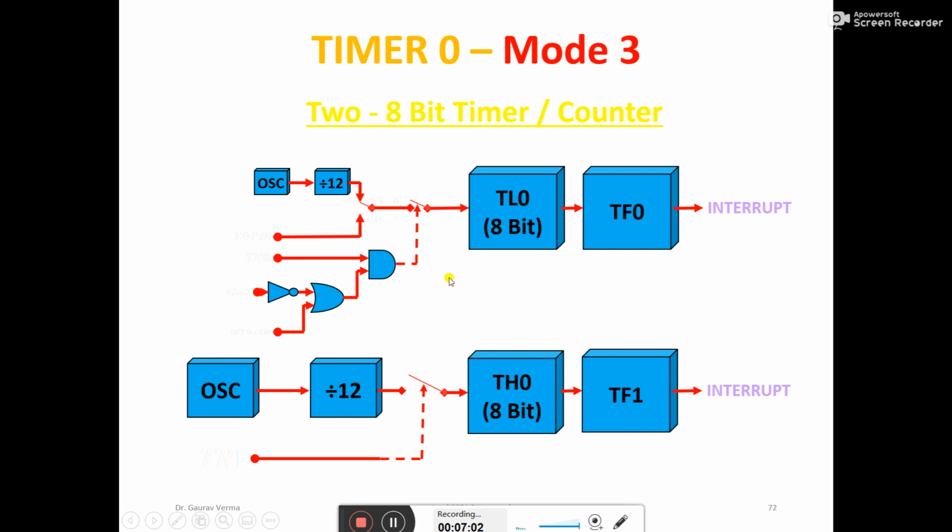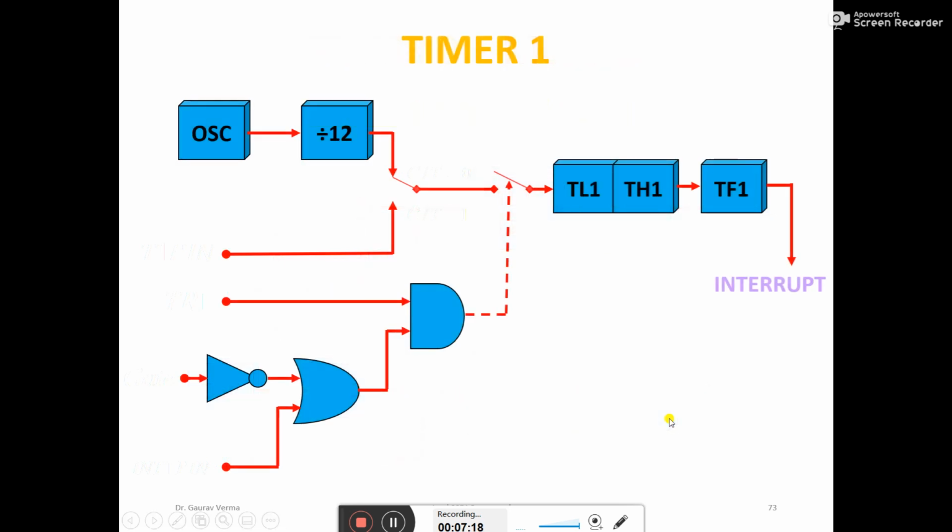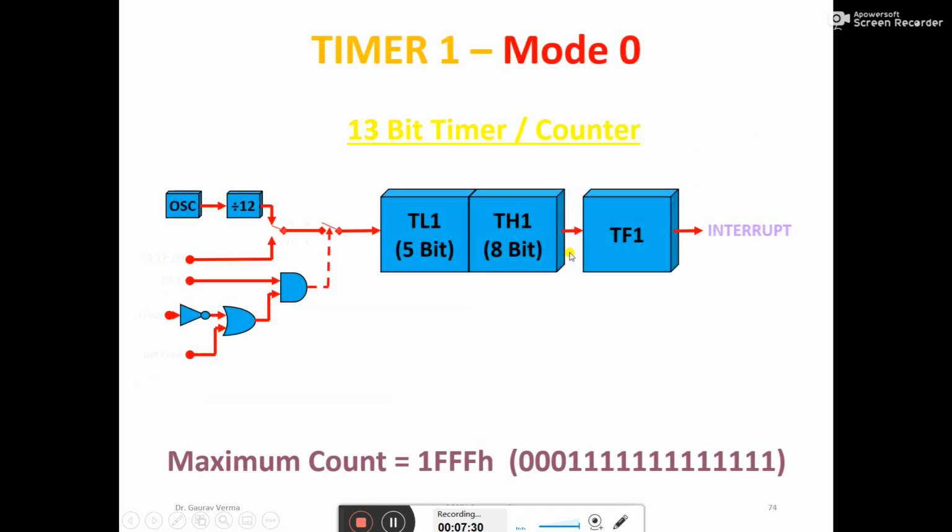In mode 3 we have 8-bit timer counters, so these are split timers, and in this we can use TL0 and TH0 separately. TL0 provides the TF0 interrupt and TH0 provides the TF1 interrupt. When timer 1 is needed, for TH1 and TL1 we need to check whether TF1 is high or not.